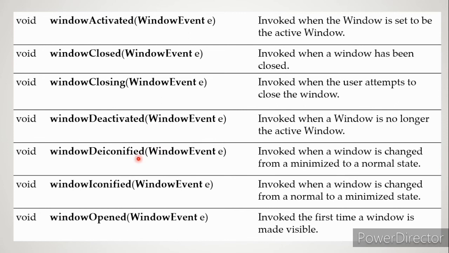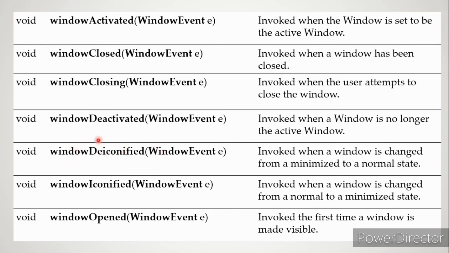WindowDeiconified. It will be invoked when the state of the window changes from minimized state to normal state. Initially it was minimized. When we maximize that one, that event we can call windowDeiconified.